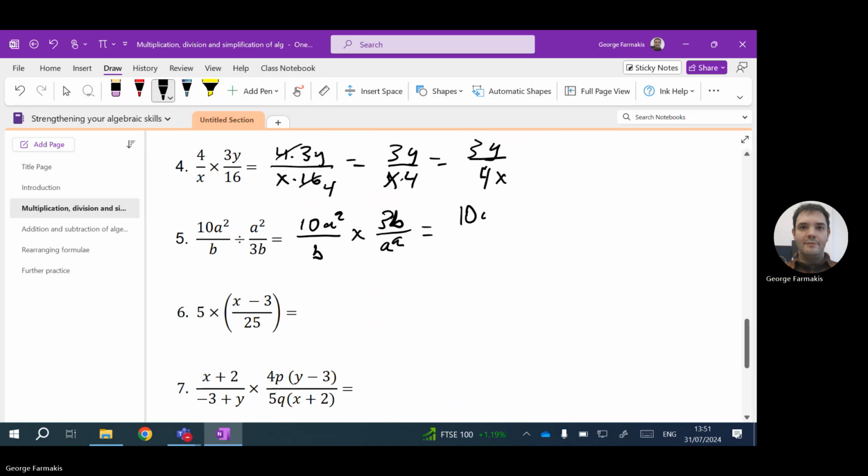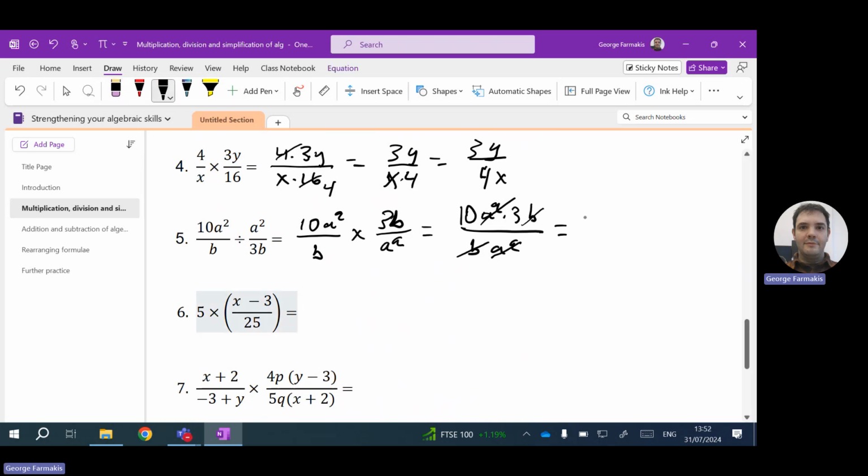So 10a squared times 3b over b times a squared, and we see that we have a squared in our numerator and a squared in the denominator. So here we can just simplify. These two cancel. 3 times 10, this is 30. We also have b over b, so here we can also simplify b. So we just get 10 times 3, so we just get 30 only.